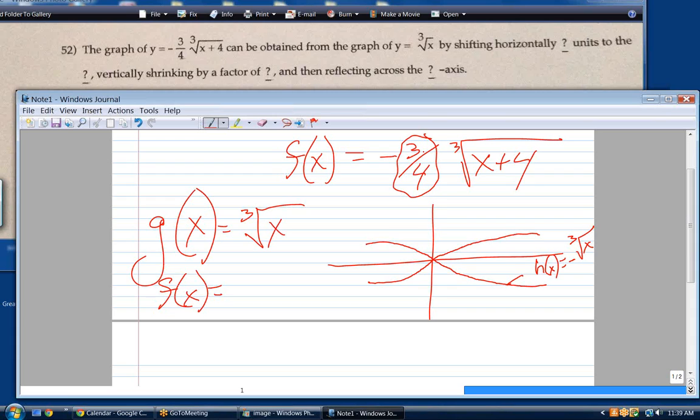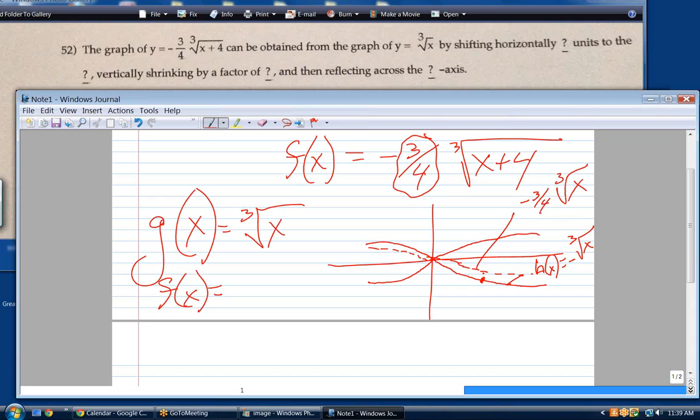And since it's between 0 and 1, it is a shrink, not a stretch. Which means every point that would have been here is now only going to be 3/4 of the way there. So when I draw this curve, that is now negative 3/4 cube root of x, right?